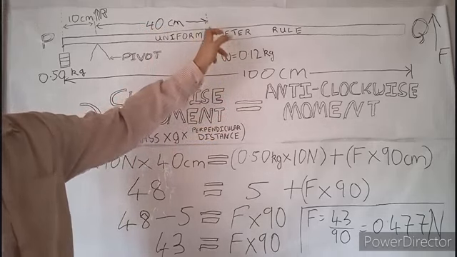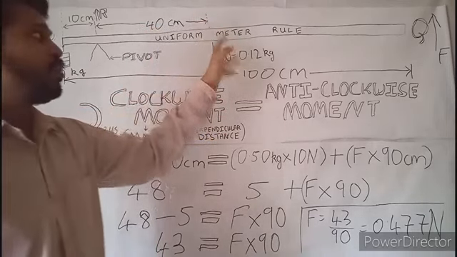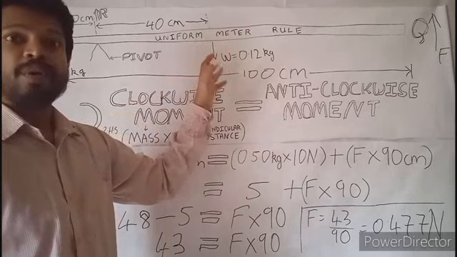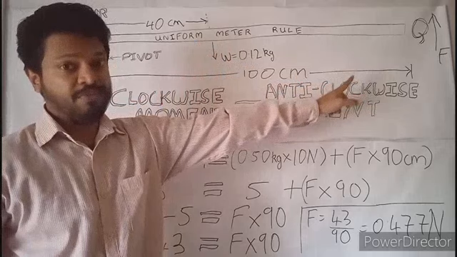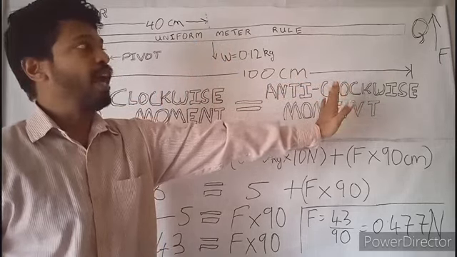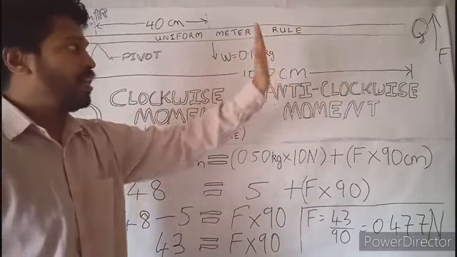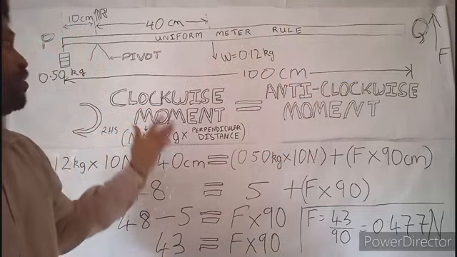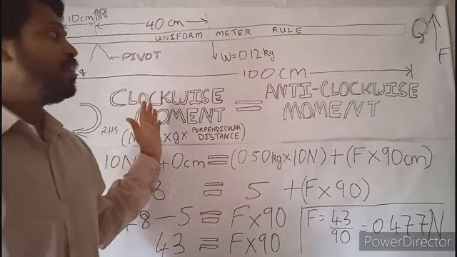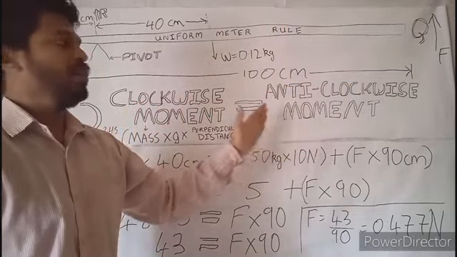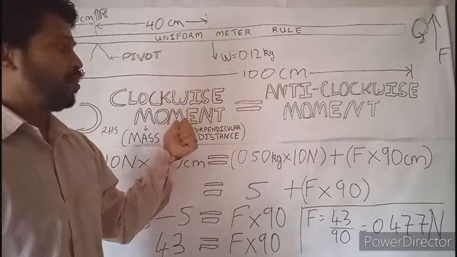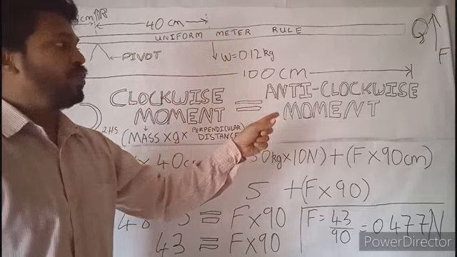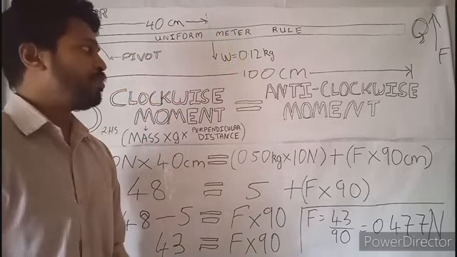That is the weight of the meter rule, which is 0.12 kg. We need to calculate the force F, which is acting upward. So we know clockwise moment is equal to anti-clockwise moment, because this meter rule is stationary.